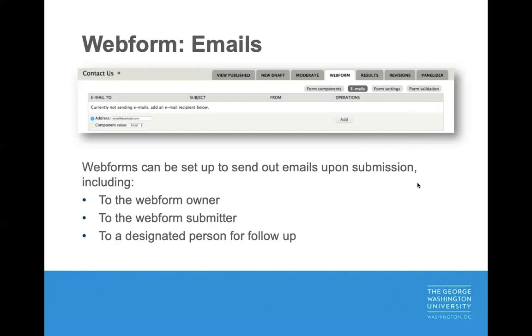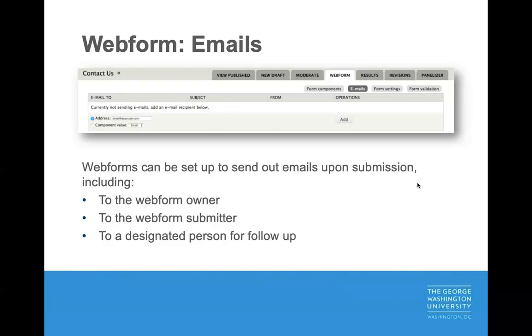We always recommend when you're setting up your web form emails that you set one up to go to the form owner, you set one up to go to the web form submitter, and then potentially, if it's applicable in your use case, you set one up to a designated person for follow-up. So, for instance, if I'm the person who set up the web form page for this session, but I'm not the person who's teaching the class, I'm going to make sure that I set up an email rule so that the person teaching the class will be notified as new attendees register for the session.